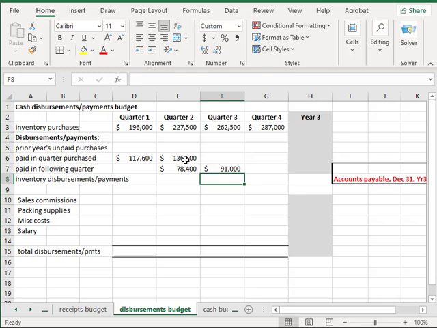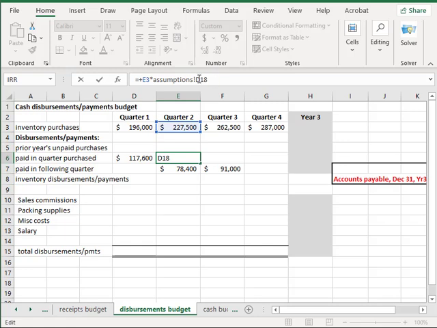For those that want to step it up to the more advanced level, you could go up here, click in this cell address and hit F4. If you have a Mac, then you have to type the $ before the D and before the 18 manually. Your F4 won't do that for you.